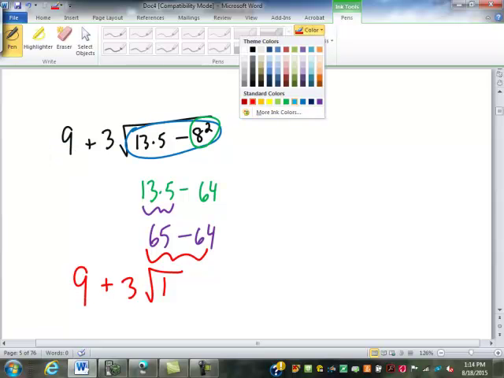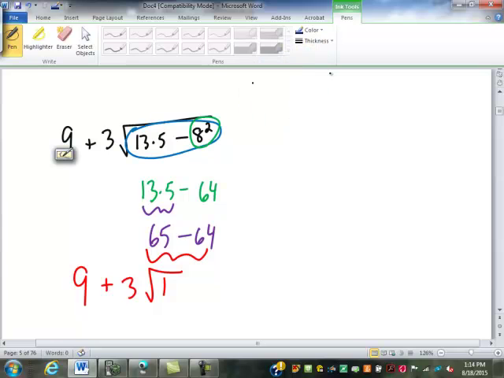Now, I didn't make this a very interesting piece here. But just like any other enclosing symbol, that square root, once it's down to a single number, we can get rid of the enclosing symbol. The difference is in a parentheses, once it's down to a single number, you just get rid of the parentheses. For a square root or some other enclosing symbols, once you're down to that single number, you get rid of it by performing an operation. Now here it's not much of an operation.